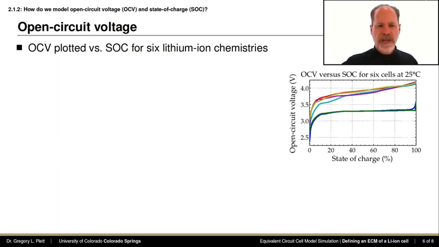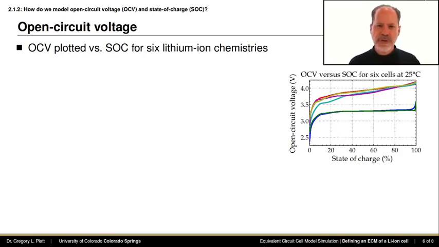And the figure on this slide shows the open circuit voltage plotted as a function of state of charge for 6 different battery cells that we have evaluated and modeled in our laboratory here at the University of Colorado, Colorado Springs. And you see that the voltage curves are all slightly different from each other.